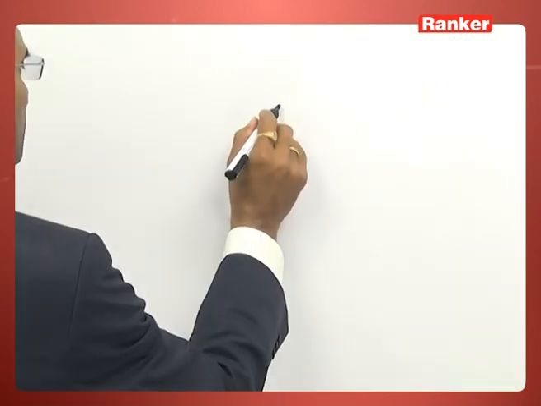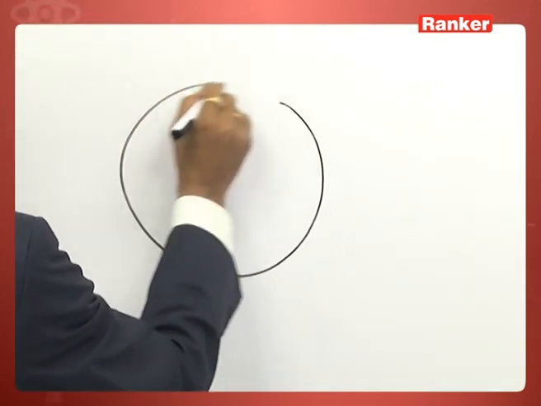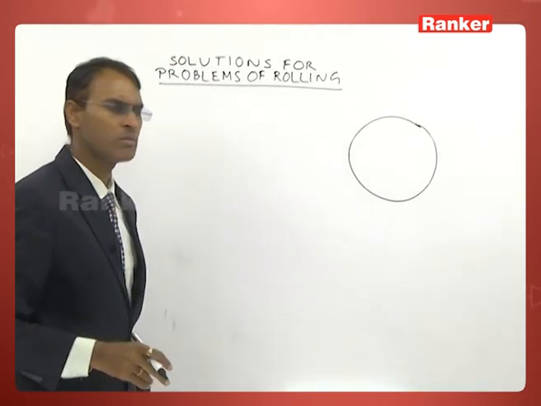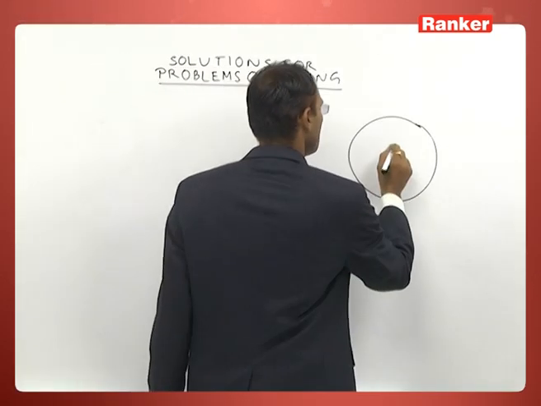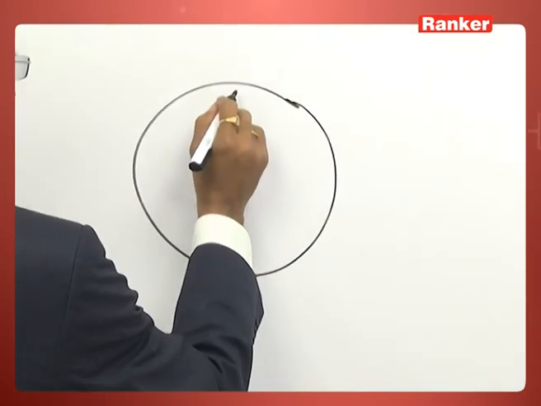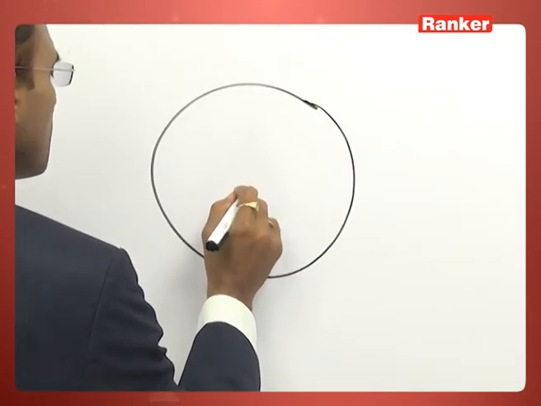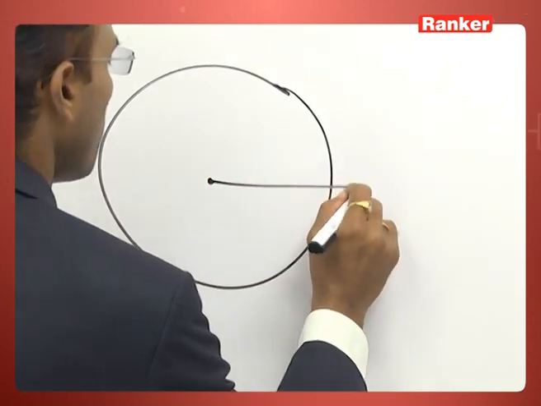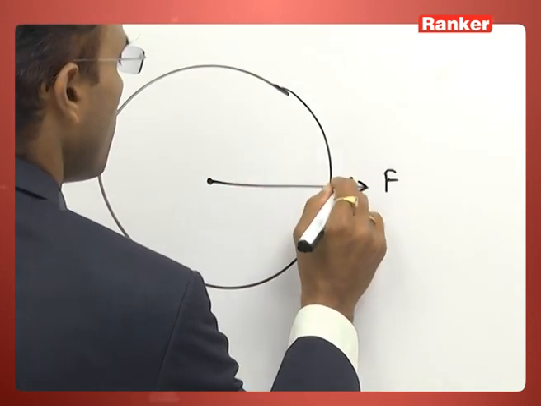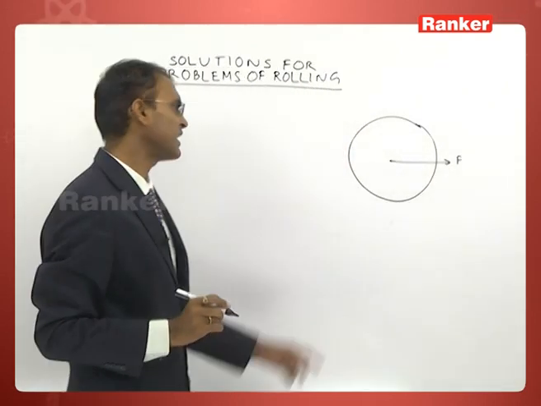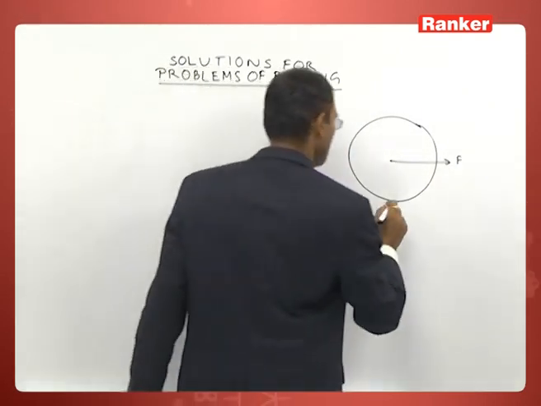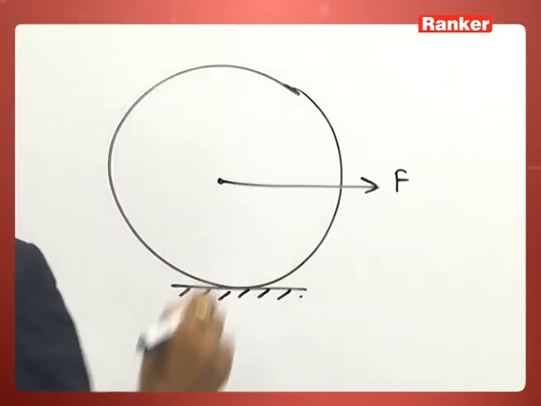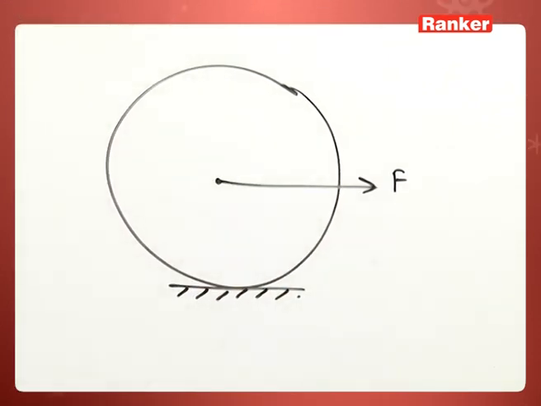The problem is: you take a rolling body and apply a force horizontally at the center of mass, such that the body will roll.